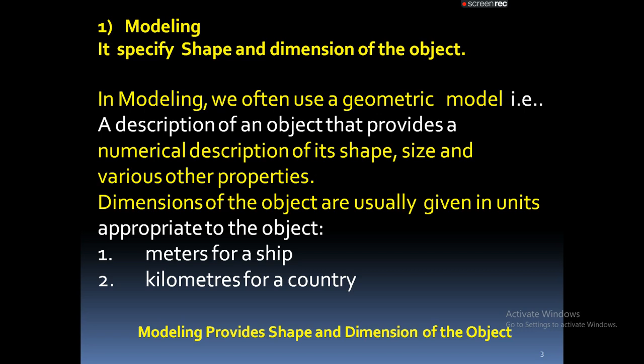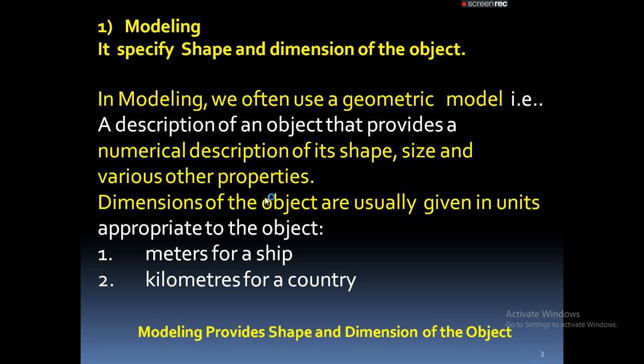For example, if I want to specify a ship, I need to specify meters. If I want to specify a country, generally I can say kilometers. See that meters, kilometers, these all are units for the appropriate object.